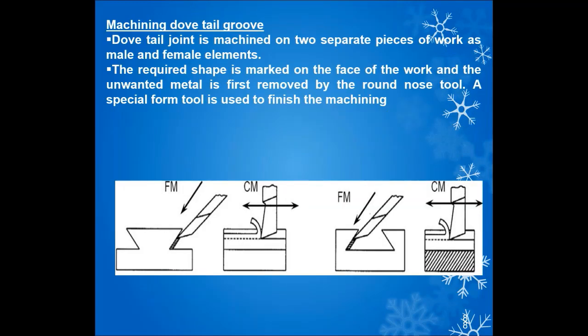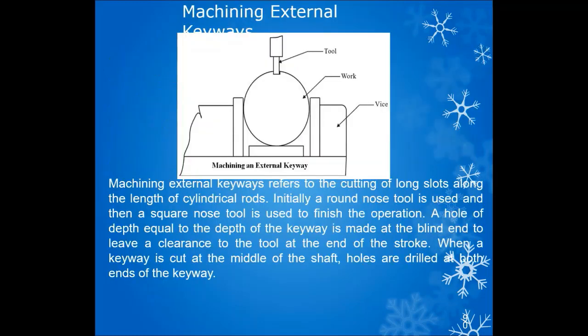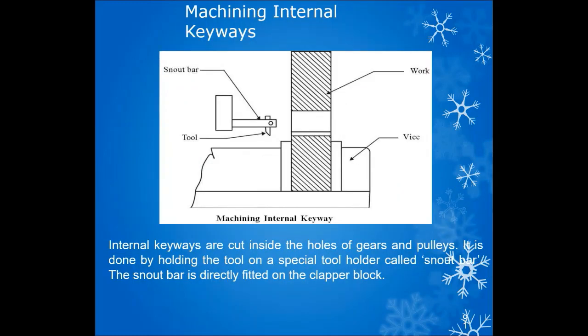Dovetail grooves are used to give a slot in some angular direction. Dovetail machining, machining a V block, machining a round surface, external keyways. Normally keyways are produced with the help of shaping machines.